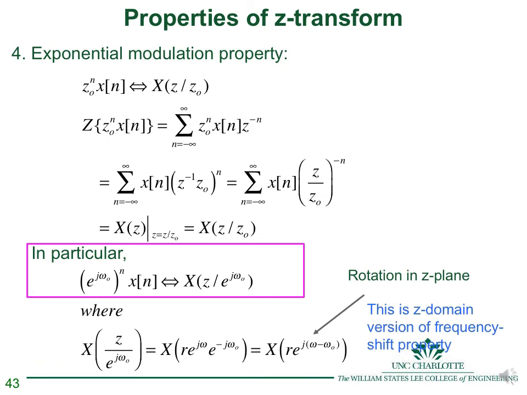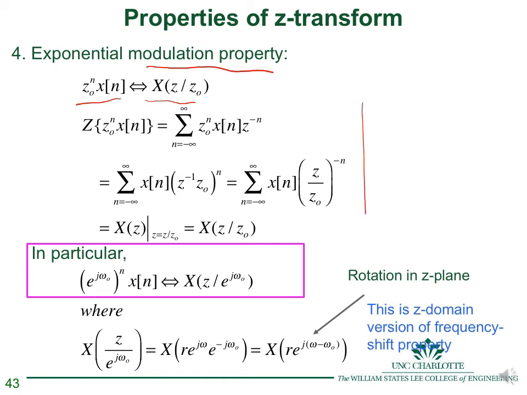If I multiply a sequence by some complex value, z0 to the nth power, its Z transform is X of z over z0. It's pretty straightforward to show this. I'll let you work through these details.